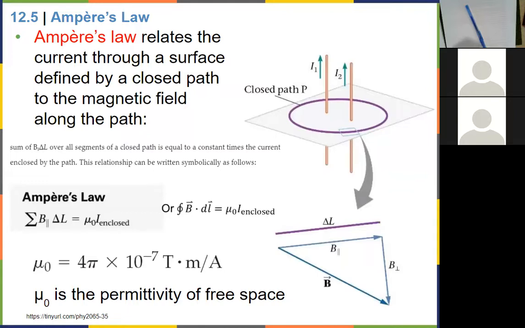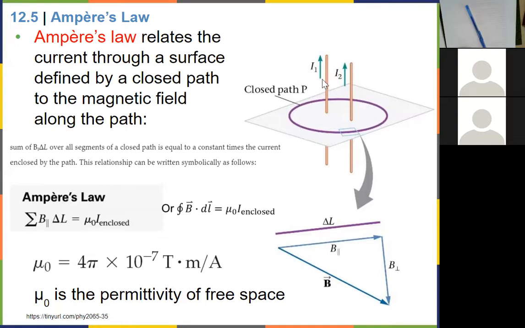Next section here talks about Ampere's law, which is very similar to Gauss's law, where Gauss's law says the electric flux should be equal to the charge enclosed divided by epsilon naught. Here it's similar, but we'll be taking a closed path instead of a closed surface.